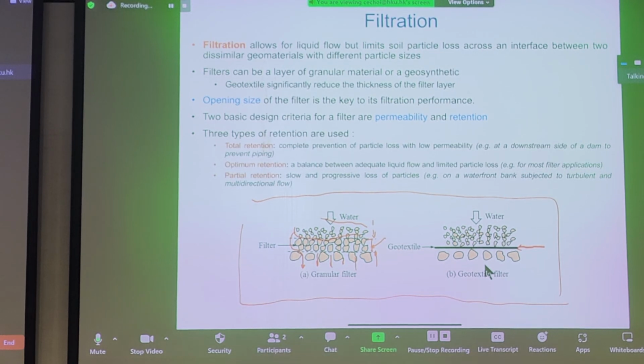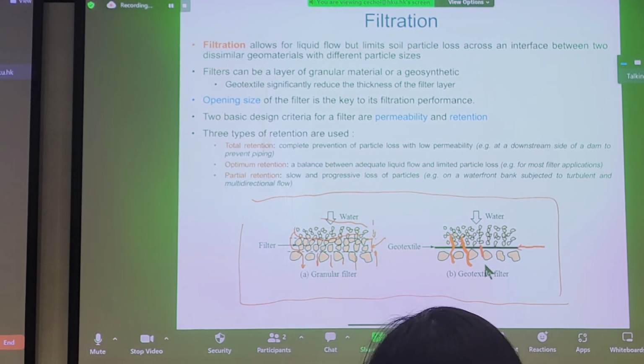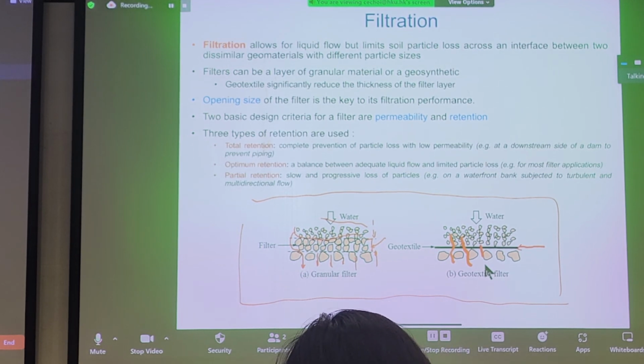And the simplest form of filtration you can probably imagine is our PVD example. We just don't want fines going into our PVD drains. We can just use a geotextile filter in this case. There are two basic criteria you remember for PVD drains particularly. Even though you want the geotextile to serve as a filtration layer, you still have to consider, is it pervious enough?